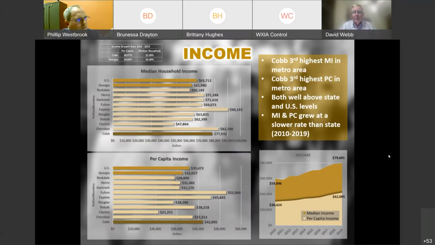These both are well above our state and U.S. levels for income. Both median income and per capita income, however, did grow at a slower rate than the state from 2010 to 2019.